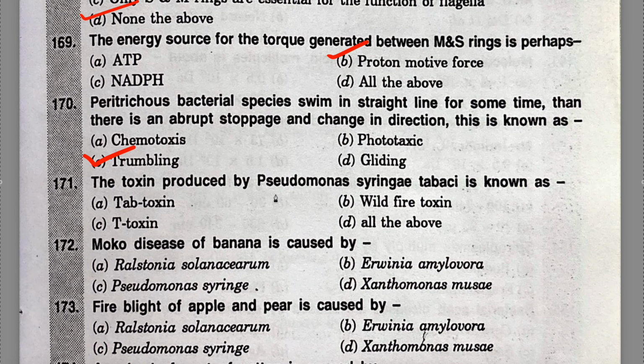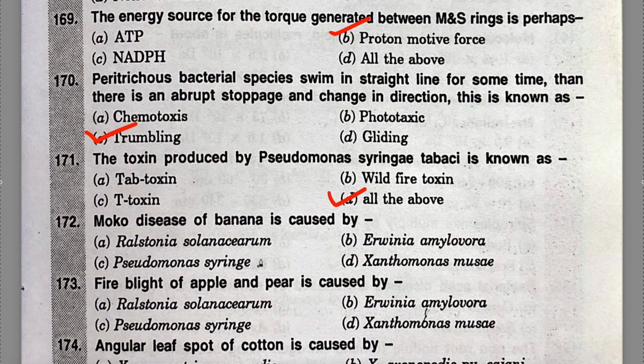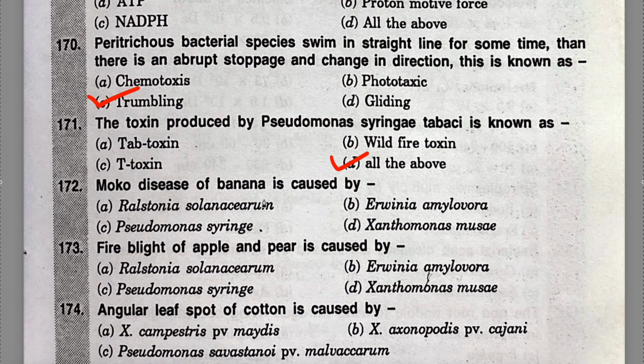The toxin produced by Pseudomonas syringae tabaci is known as tab toxin, wildfire toxin, T toxin or all the above. You might be thinking, right? But all these are the same. Tab toxin is also known as wildfire toxin, and also T toxin.